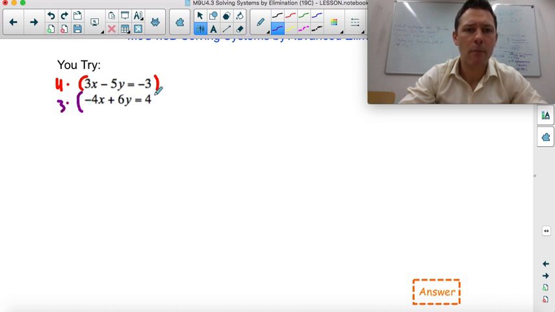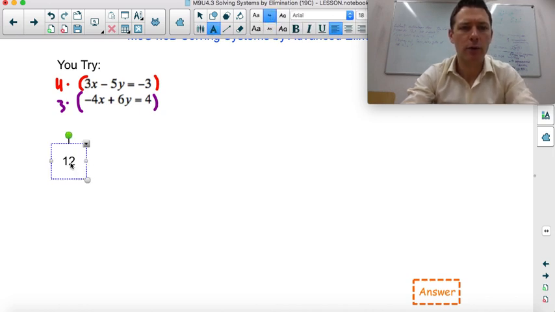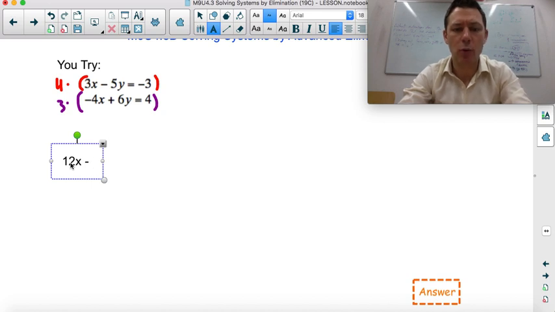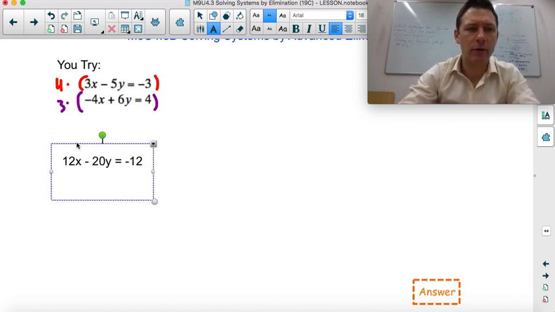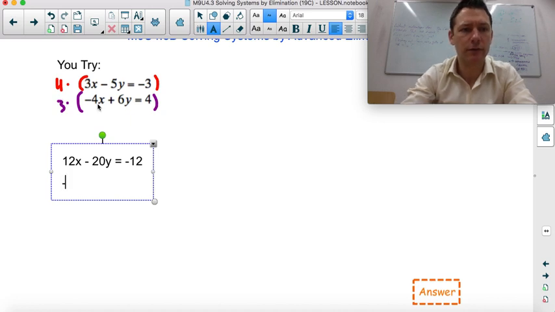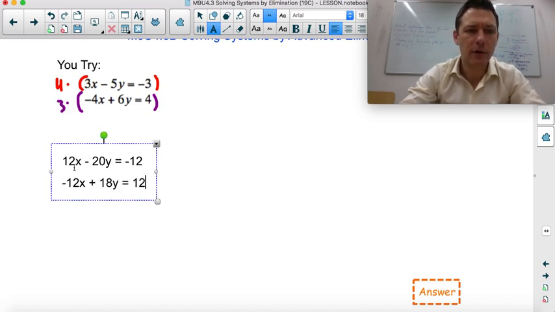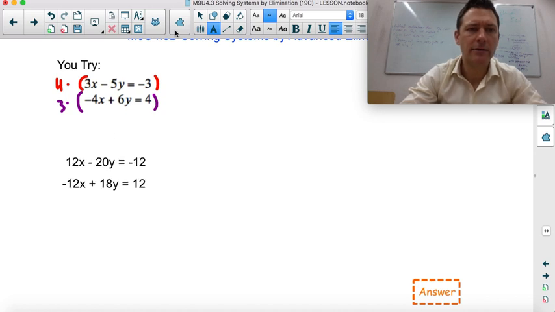Like that. Okay. When we multiply everything by 4, you get 12x minus 20y equals negative 12. And the second one, when you distribute, you get negative 12x plus 18y equals 3 times 4, which gives you 12. Okay, that's not too bad.